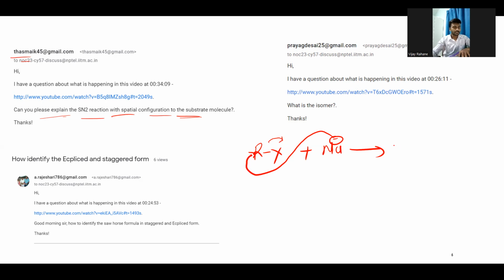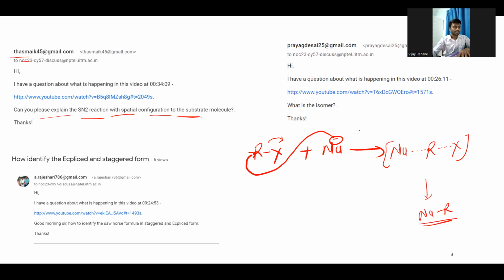It forms an intermediate step in which the nucleophile, the substrate R and the leaving group are attached to each other with partial bond formation, and in the next step the nucleophile and the R, this product is getting formed.